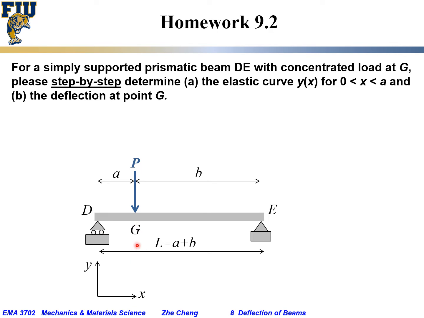Okay, so this is our problem. We know how it's supported. We know the left side arm A, right side arm B, and we want to know the elastic curve as well as the deflection, the y at point G.